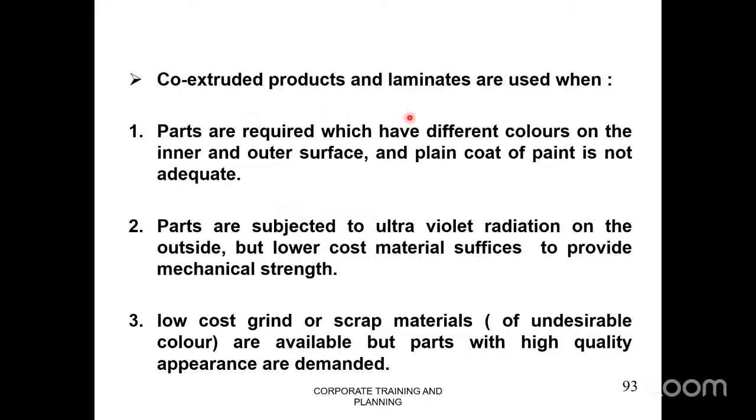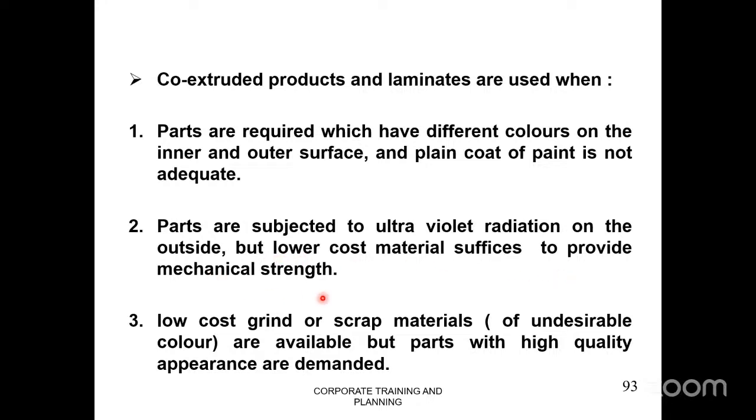Now, co-extruded products and laminates are used when parts are required which have a different color on the inner and outer surface, as we have seen, and a plain coat of paint is not adequate. Also, when parts are subjected to ultraviolet radiation on the outside, but a lower cost material suffices to provide the mechanical strength.